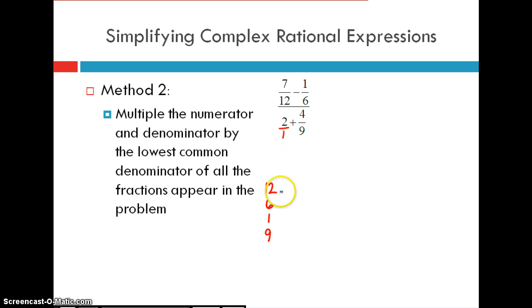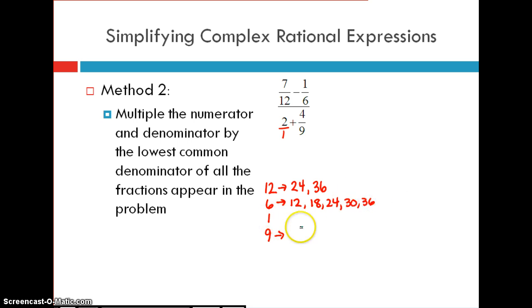So I have to look for the lowest common denominator, and as we do that, it helps to think of their multiples. So for example, 12, and then I would go to 18, and then 24, 30, 36.